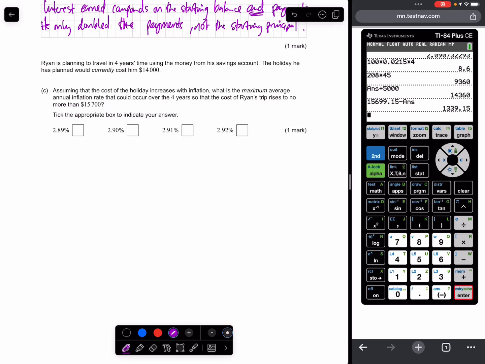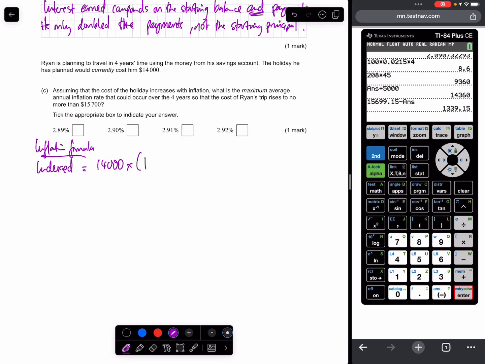Okay. So one way you could do it is the inflation formula, indexed. For inflation, it currently costs $14,000.